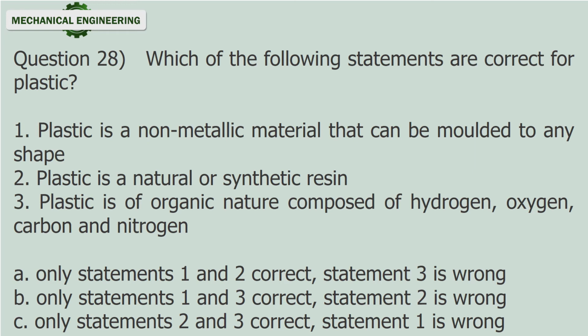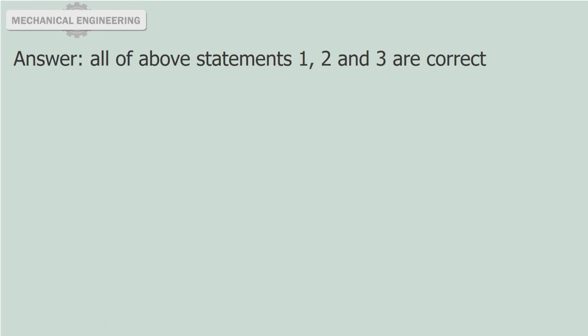B. Only statements 1 and 3 correct, statement 2 is wrong. C. Only statements 2 and 3 correct, statement 1 is wrong. D. All of above statements 1, 2 and 3 are correct. Answer: all of above statements 1, 2 and 3 are correct.